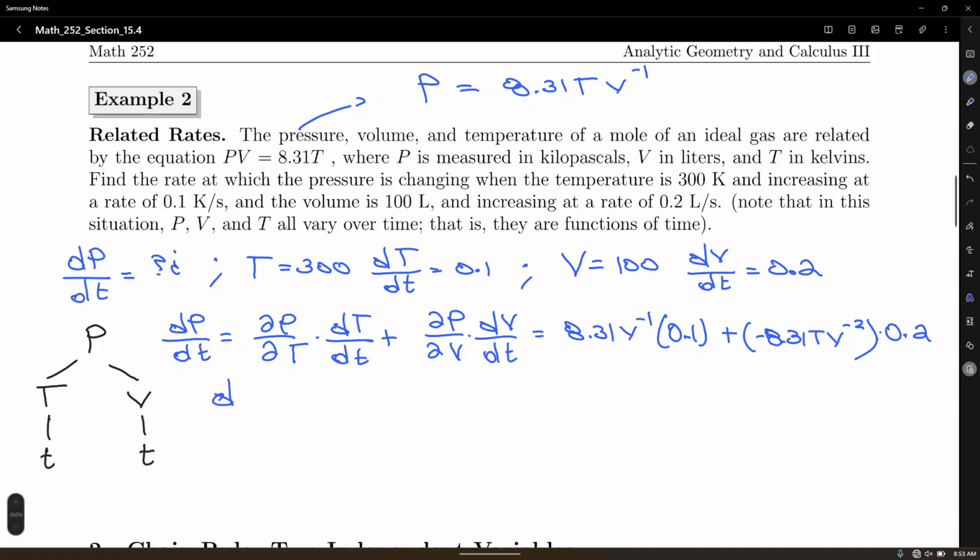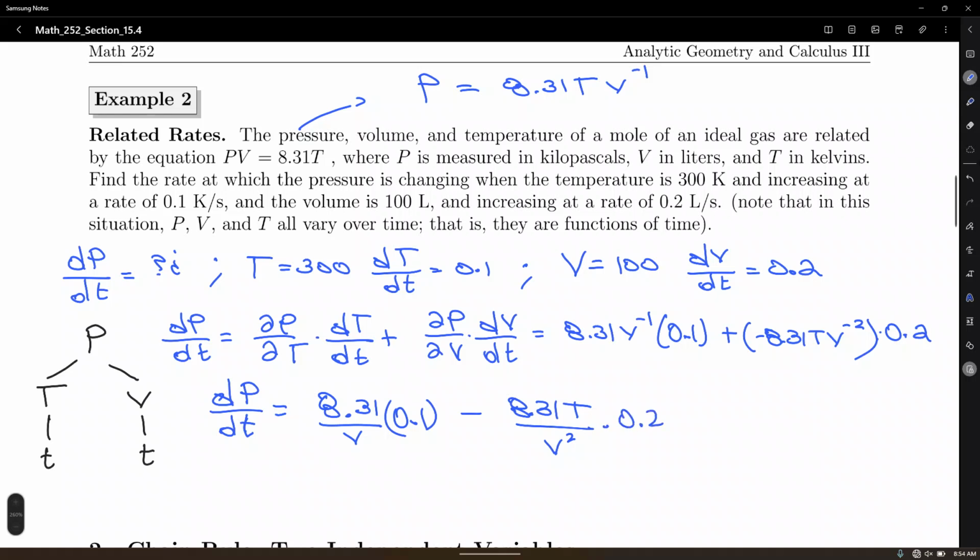So the total change of the pressure with respect to time, going through contributions of temperature plus contributions of volume, is 8.31 over V times 0.1 minus 8.31 T over V squared times 0.2.